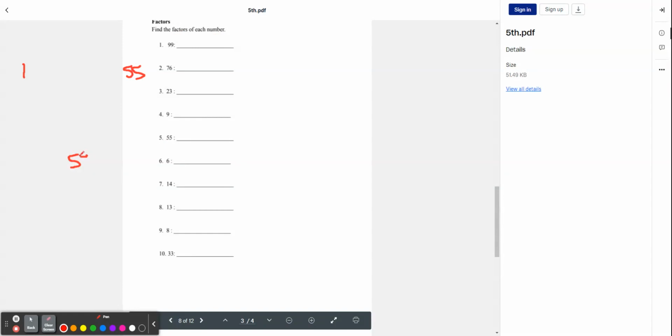Let's try using 3. 3 goes into 5 1 time. And 3 goes into 25 8 times. We got a remainder again. So 3 is not a factor. Let's try 4. 4 goes into 5 once, and 4 goes into 15 3 times.